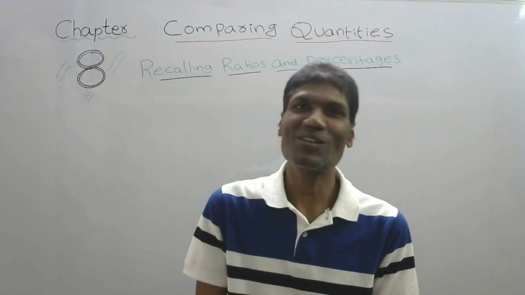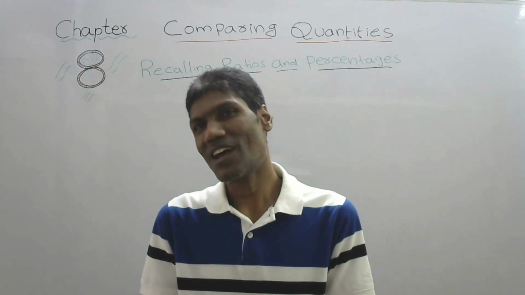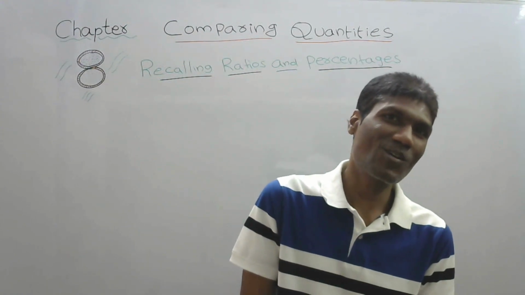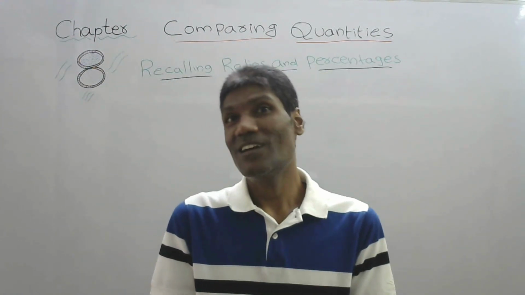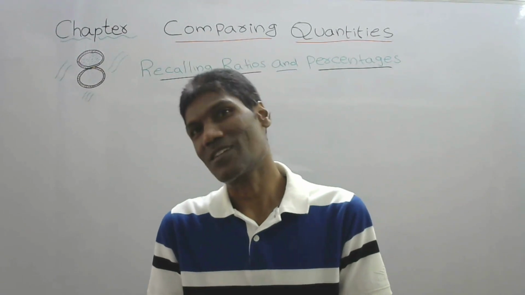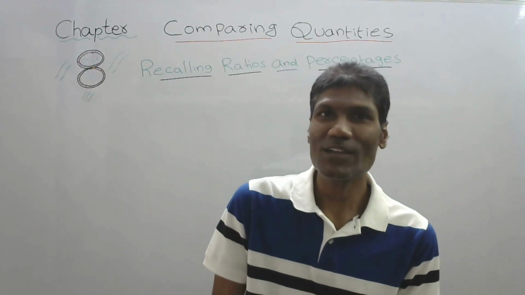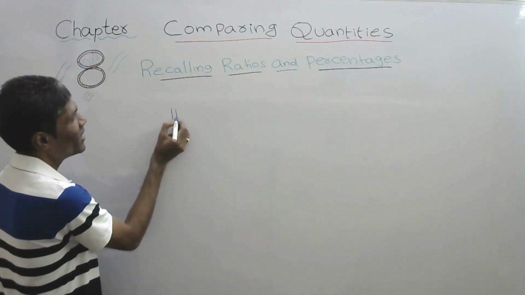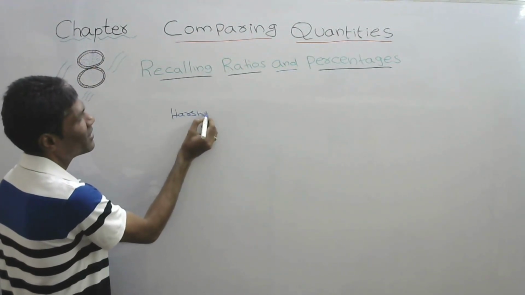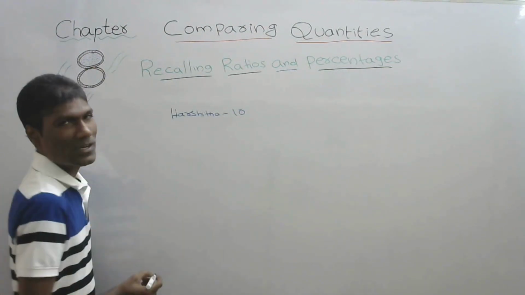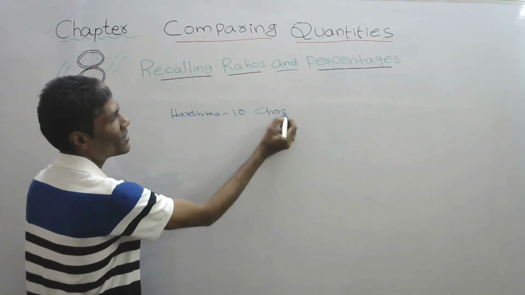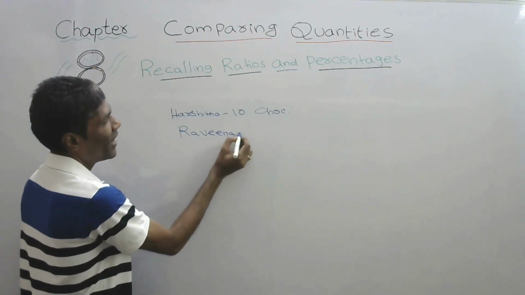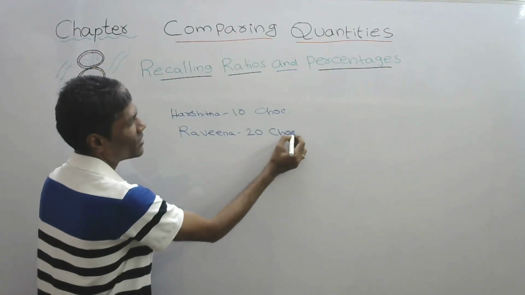Say one girl is there called Harshita. She is having 10 chocolates, and another girl is there called Ravina. She is having 20 chocolates. Now if I ask you to compare this, Harshita has 10 chocolates and Ravina has 20 chocolates.